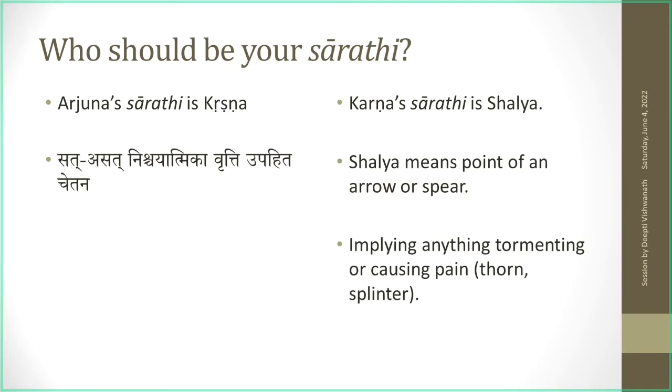Karna's sarthi is Shalya. Krishna we have already seen. Sat asat nishchayatmika buddhi. He is whose sarthi? Arjuna's sarthi. And who was Arjuna? Shoka moha yukt jignasu vritti. Uska sarthi is sat asat nishchayatmika.